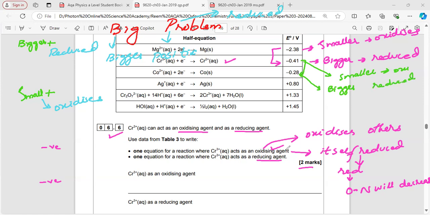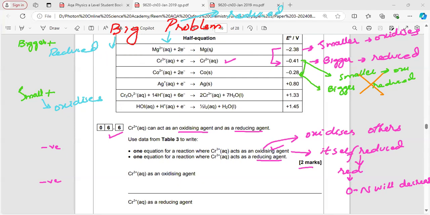You know an oxidizing agent is the one that oxidizes others. So here chromium cannot act as an oxidizing agent, so I will not choose these two. Smaller oxidizes, bigger is reduced. So I have to choose these two values.